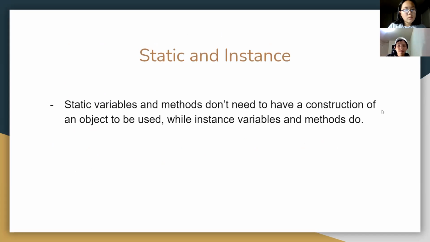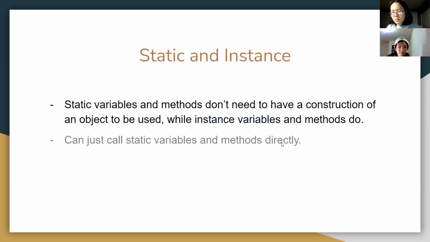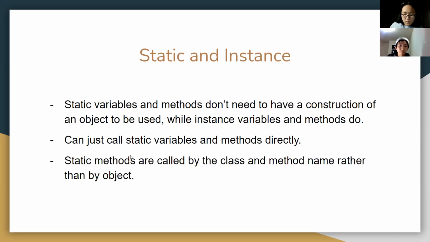Static variables and methods don't need the construction of an object to be used, while instance variables and methods do. You can call static variables and methods directly without creating any objects. Static methods are called using the class and then the method name rather than by an object.